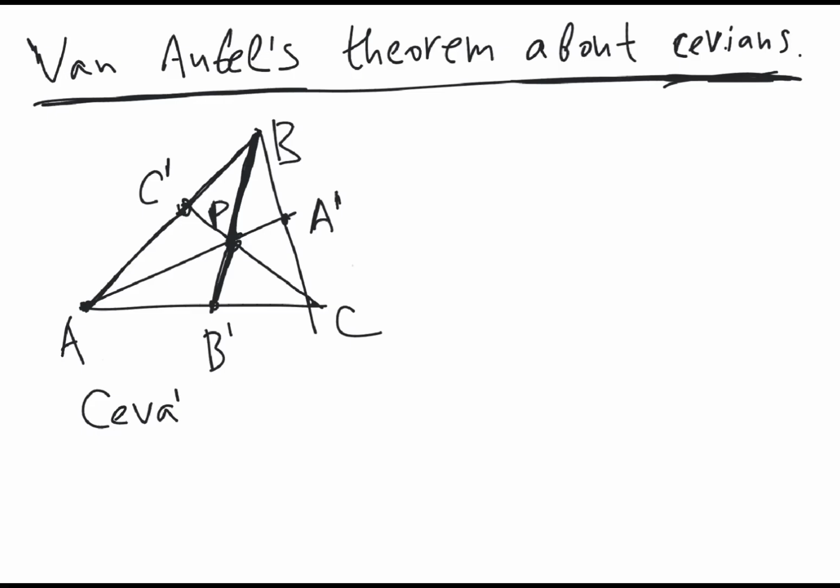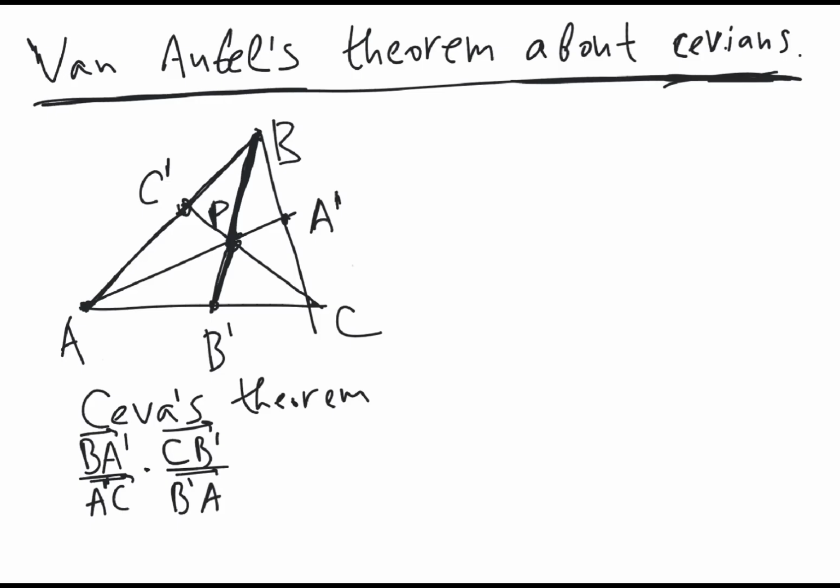So Ceva's theorem says that the ratio B A prime over A prime C multiplied by C B prime over B prime A multiplied by AC prime over C prime B is equal to 1.